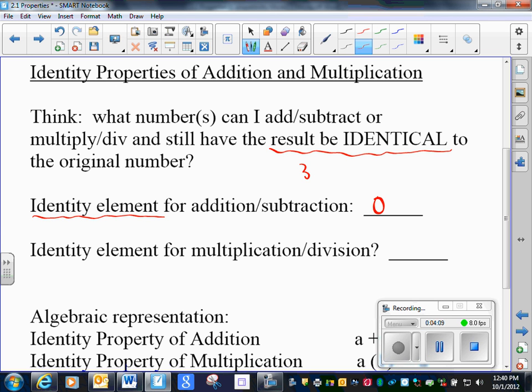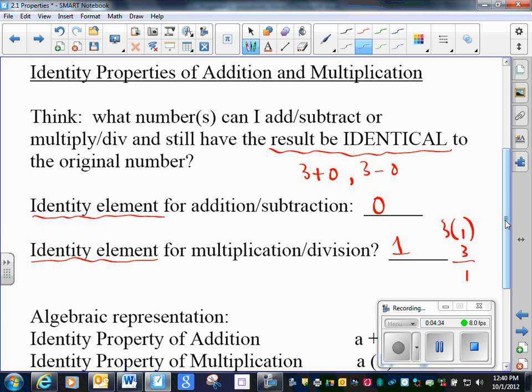We can add or we can subtract 0 from any number and still have the number we started with. Of course, the identity element can't be 0 for multiplication and division, but it's 1. So 3 times 1 or 3 divided by 1 still end up with the original identical element that we started with, 3.